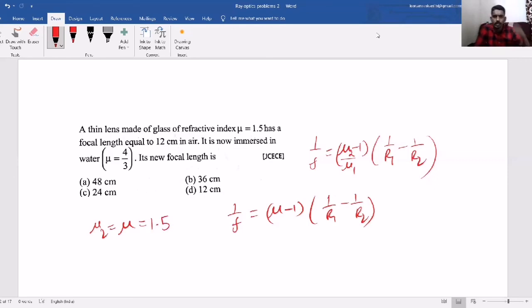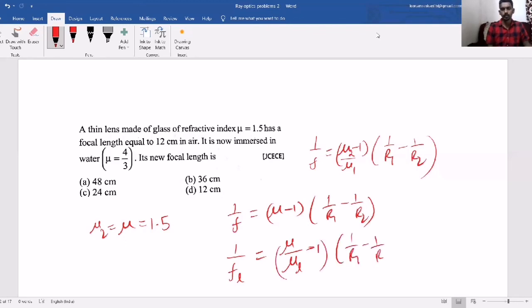And in the first case, F value is 12 centimeter. Now it is immersed in water, which means the focal length inside a liquid is mu by mu liquid, minus 1, into 1 by R1 minus 1 by R2.